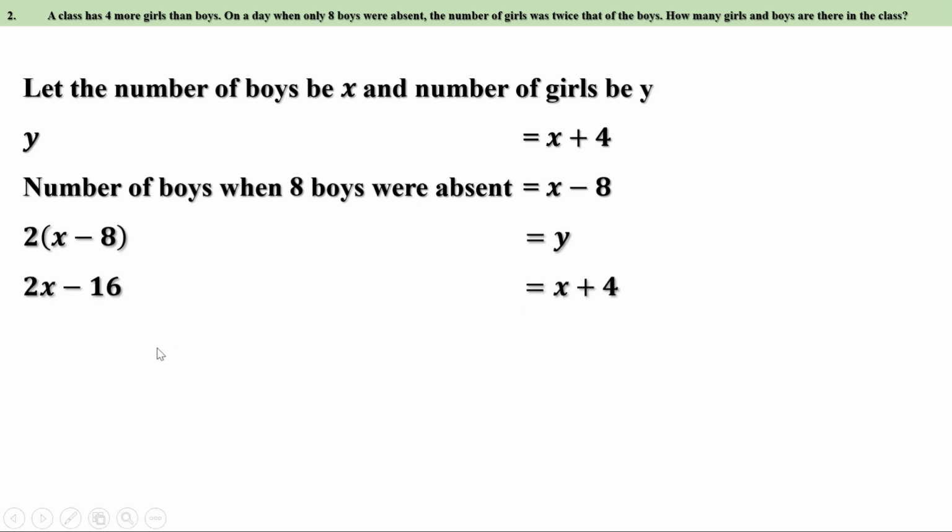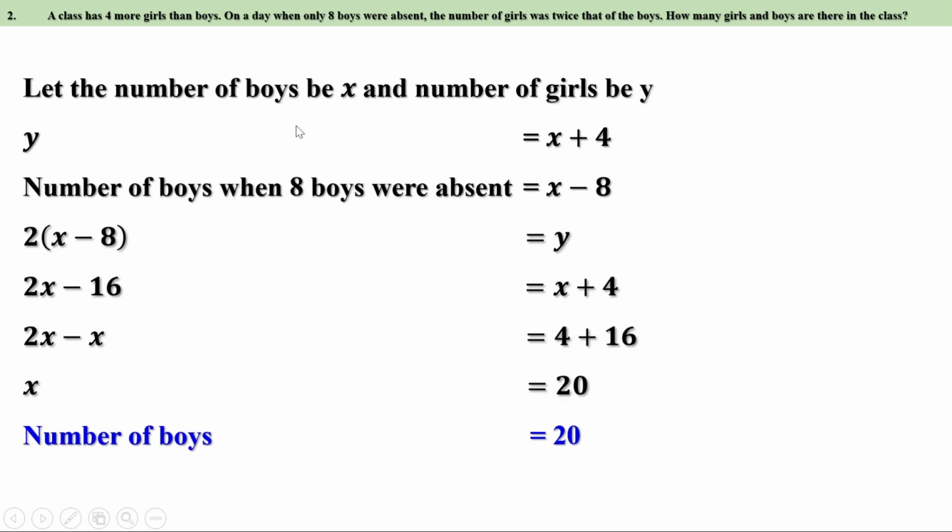We can take x on this side and minus 16 on the other side. We get 2x minus x equal to 4 plus 16, or x equal to 20. x equal to 20 means the number of boys is 20. y equal to x plus 4, that is 20 plus 4, or y equal to 24. That means the number of girls is equal to 24.